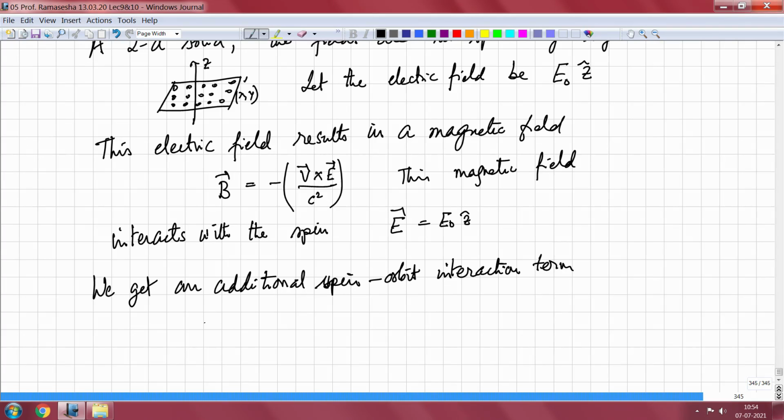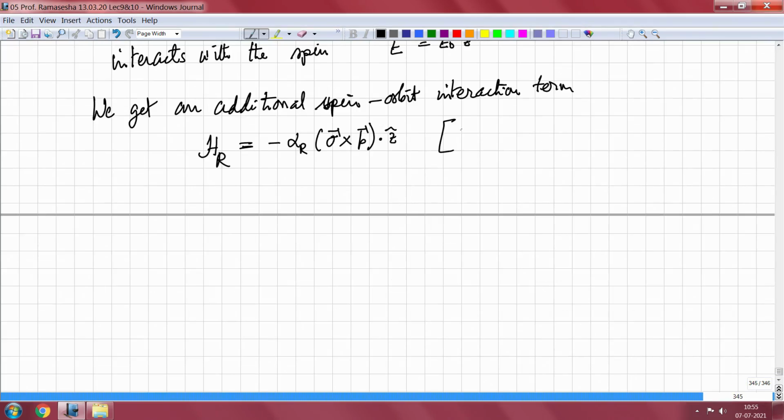And this is called the Rashba term. This will be minus alpha R sigma cross p dot z. So, alpha R is the Rashba Hamiltonian. This Hamiltonian occurs simply because we have a lack of inversion symmetry, and so there is an electric field inside the system.